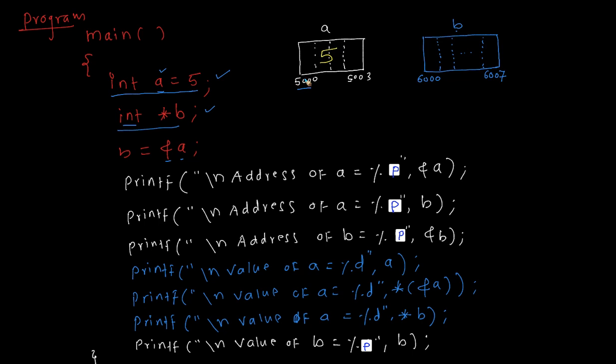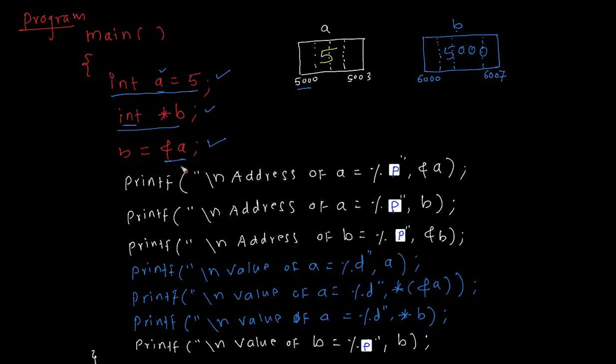So this base address 5000 will be retrieved and assigned to B. That means it will be stored in B. So this is what happens with this statement.